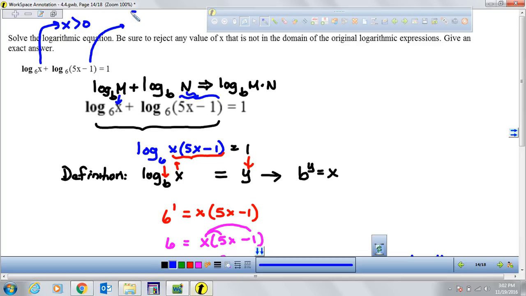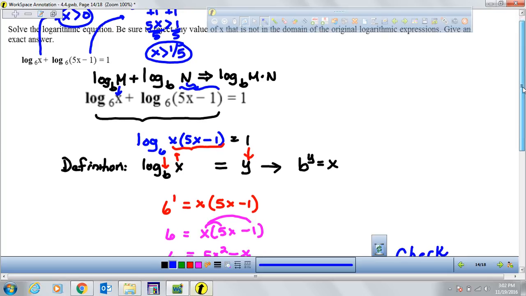Second, this one says that 5x minus 1 must be greater than 0, so if I solve for x, I move the 1 over, so you get 5x is greater than 1, and then I divide by 5, so x must be greater than 1/5. These are the two domains that the answers must satisfy in order for them to be real solutions.